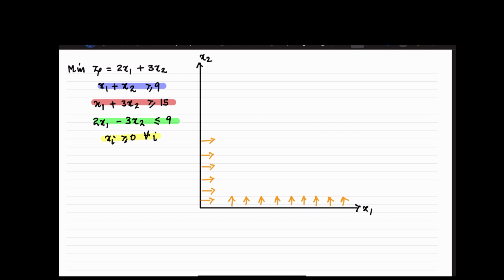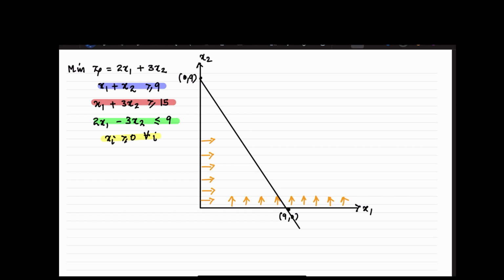So the point is 9 comma 0. If we put x1 as 0, so x2 is 9. This is 0 comma 9. We plot the line. That is this line.